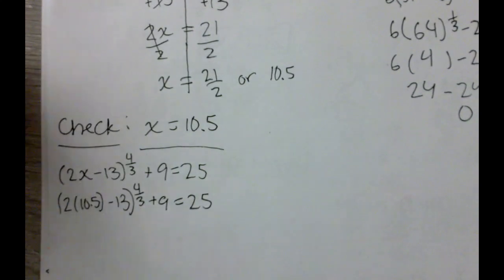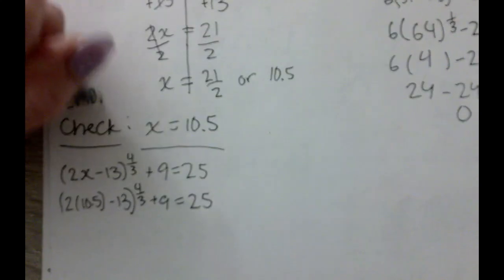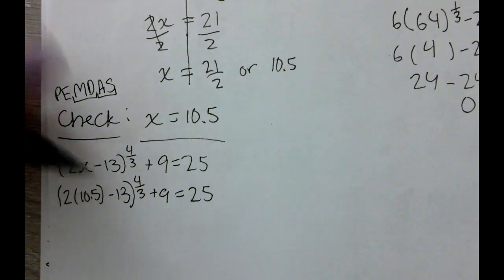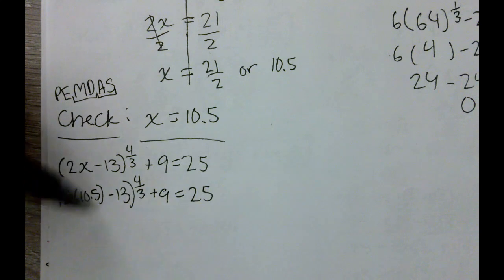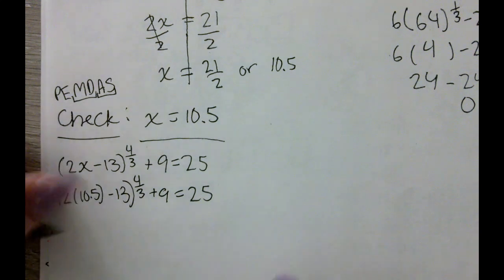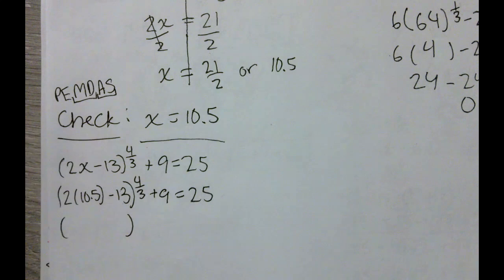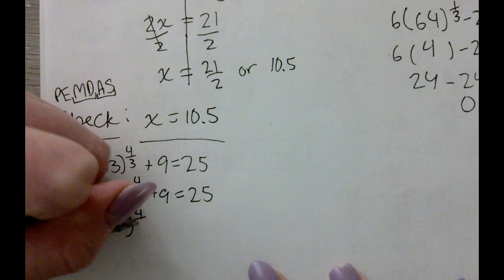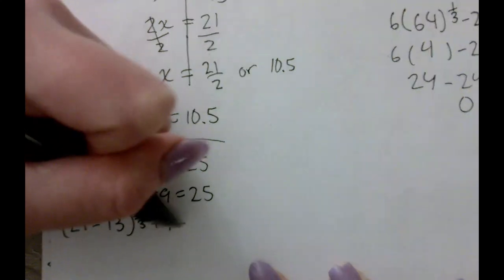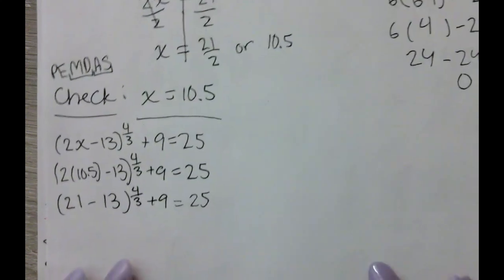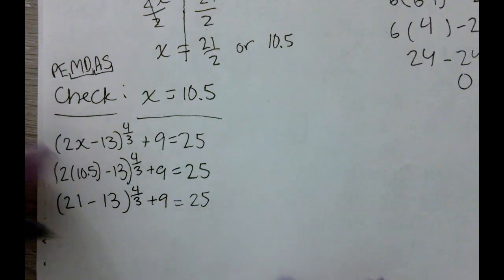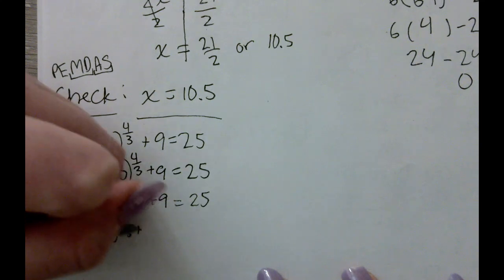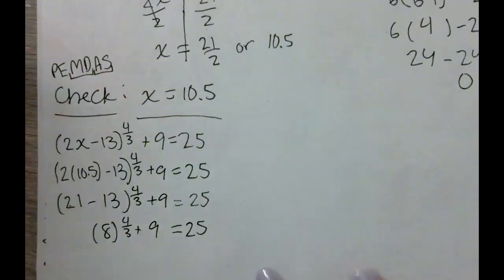Again, using order of operations here. Working inside the parentheses first, I'm going to multiply before I subtract. 2 times 10.5, you can use your calculator, that's 21. Minus 13 to the 4/3, and then just bring everything down. Now I'm going to subtract inside the parentheses. 21 minus 13, that's just 8 to the 4/3 plus 9 equals 25.